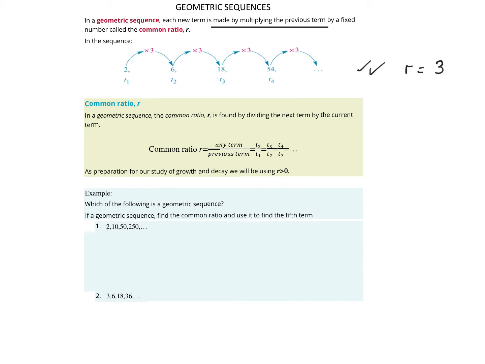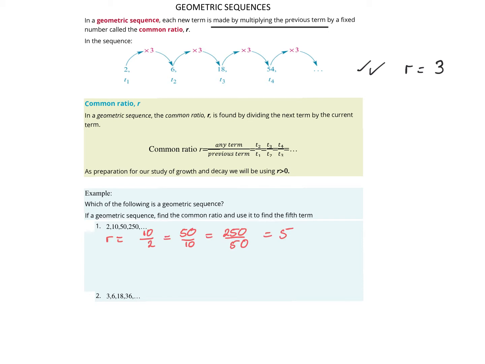Looking at the example here, the question is asking which of the following are geometric sequences, and then if it is a geometric sequence, find the common ratio and the fifth term. So if we can find a common ratio for each of the terms, then we can therefore say it is a geometric sequence.